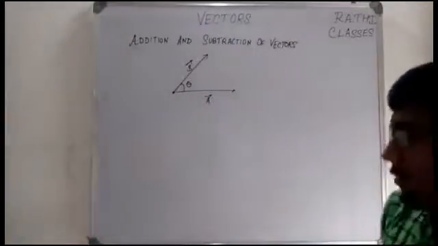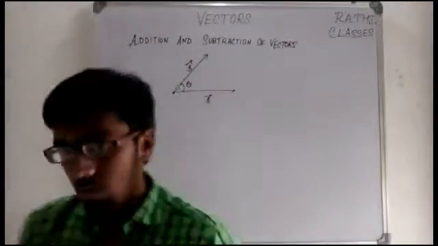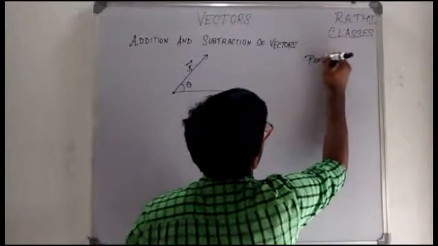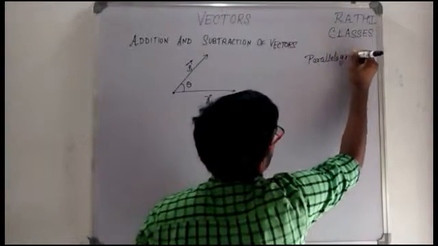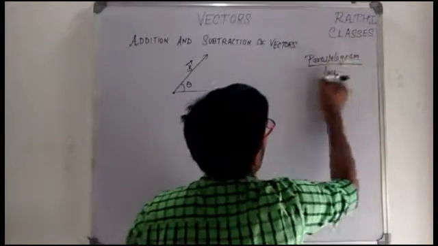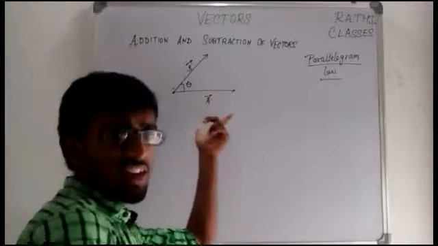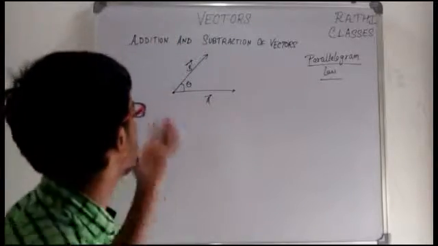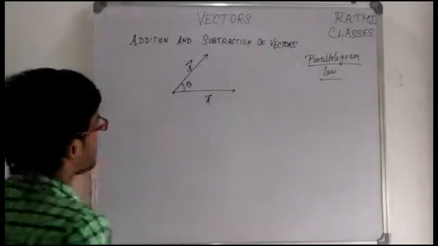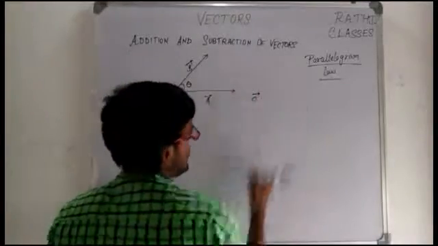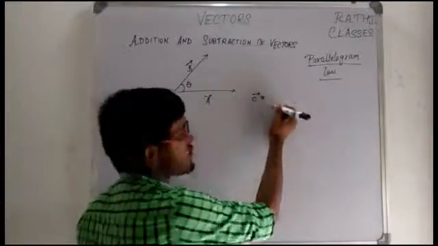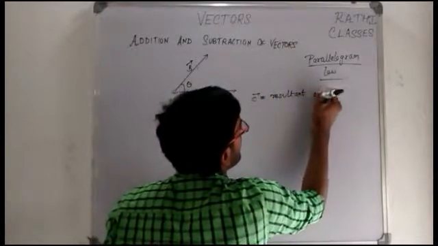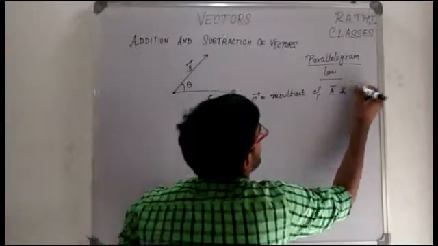Now, this brings us to our parallelogram law of vector addition. If this is a vector A and this is a vector B, and theta is the angle between these two vectors, then there will be a vector C, which is known as the resultant of vector A and vector B.